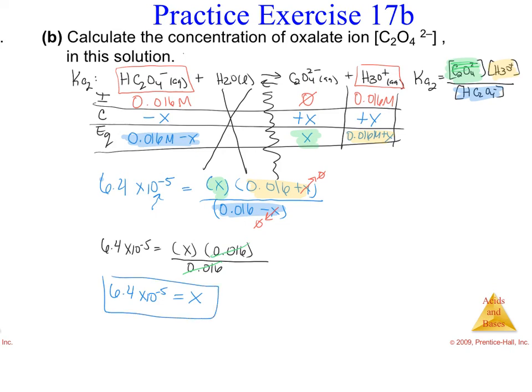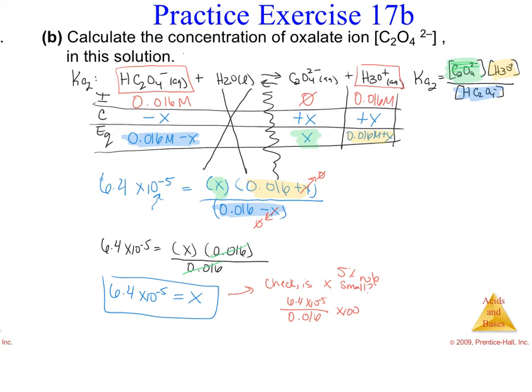And now we need to think, what are we actually solving for? Well, first let's go ahead and check, make sure, is X really small? That's what we're going by our 5% rule. So I take my value of X, 6.4 times 10 to the negative fifth, divide it by the number it was being either added or subtracted to. It's the same in this case, 0.016 times 100.